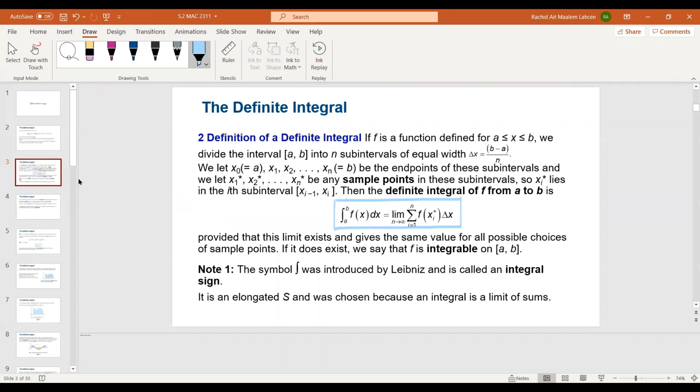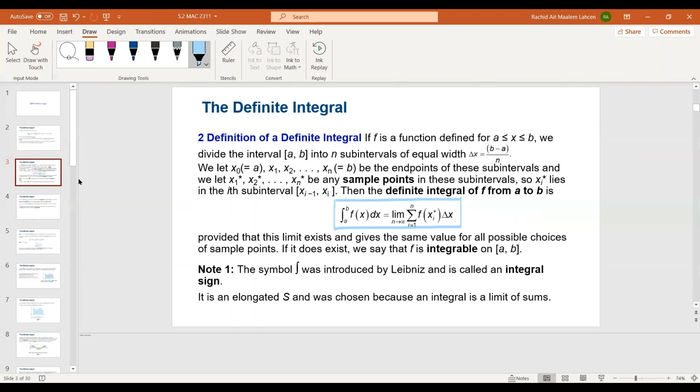And just like discussed in 5.1, x0 is the a, and the subparts continue until you get to xn, which is the b, or the end of the interval. So being the endpoints, and you have these sample points which are somewhere in the center or in between, depending on how you want to take these sample points, like the intersection of the graph with the top of these strips, just like the pictures in 5.1.